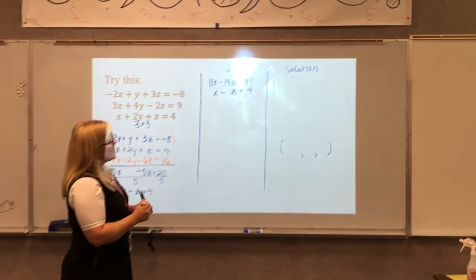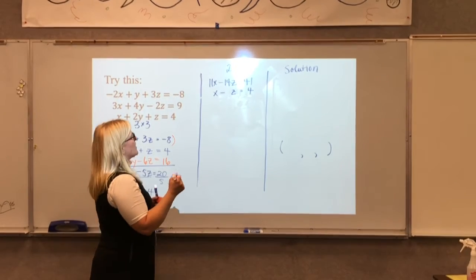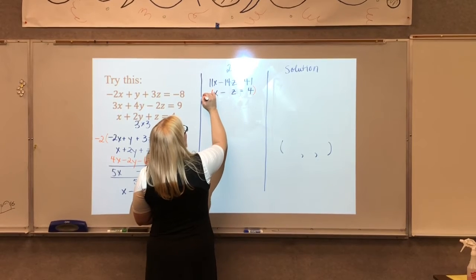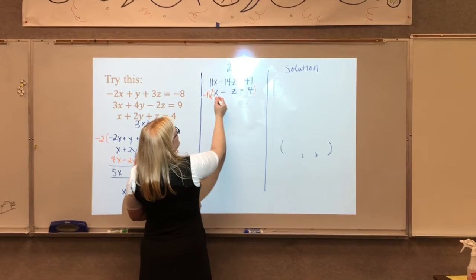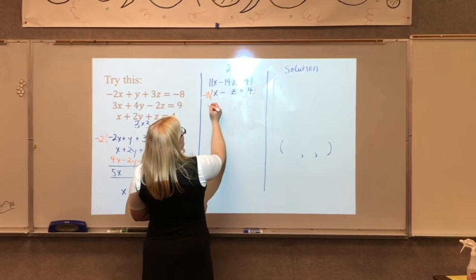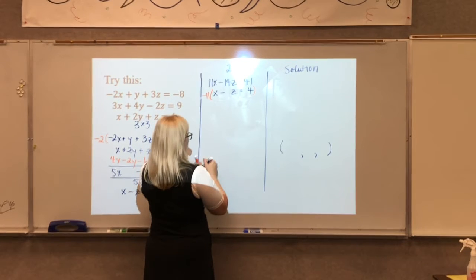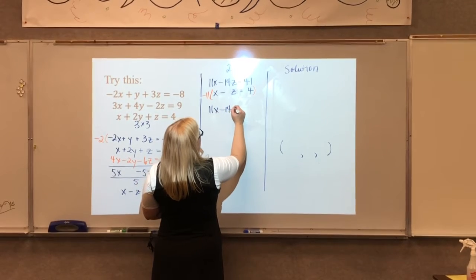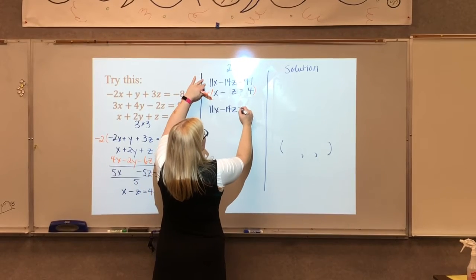All right, so I'm going to multiply everything through on this bottom one by negative 11 so that these 2 will drop out. So I'm going to rewrite 11x minus 14z, just rewriting this one.